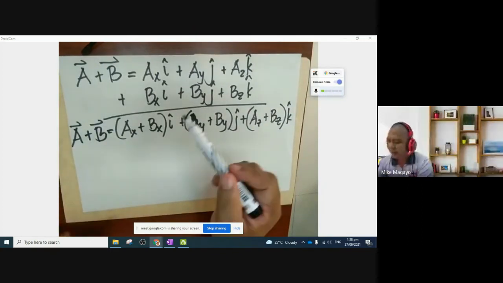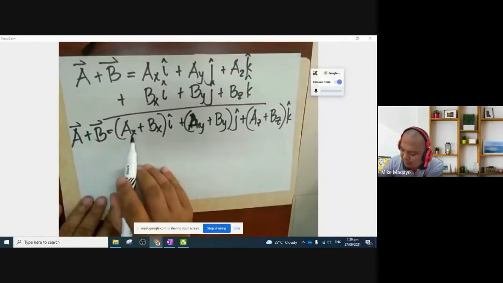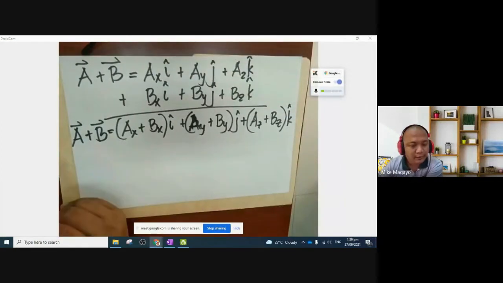So in general, as you could see, A plus B is just the sum of the components of the two vectors. It means analytically you could add vectors without using geometry by simply adding the components. And earlier we talked about how to determine the components of each vector.